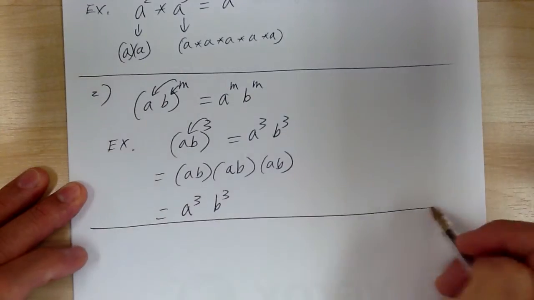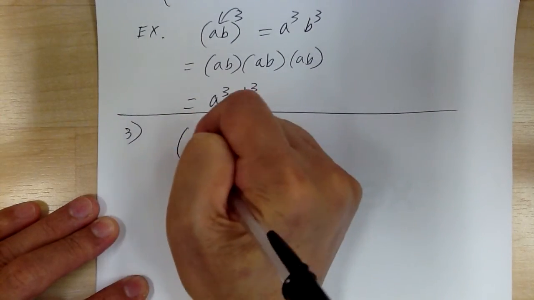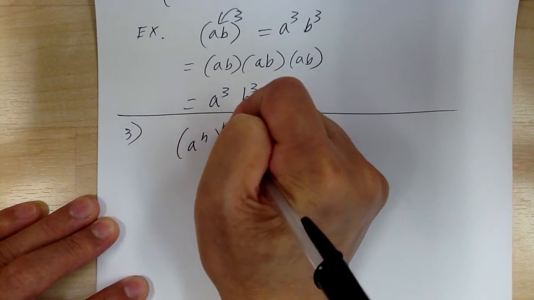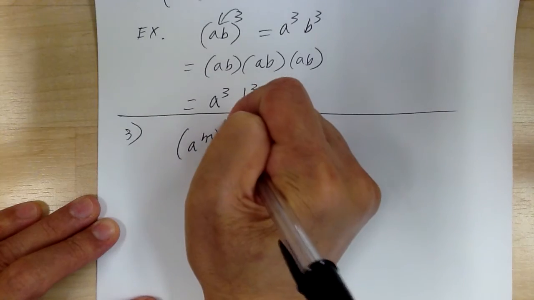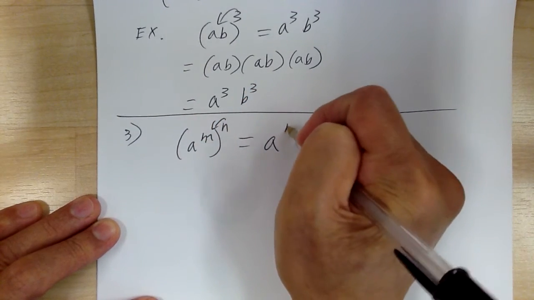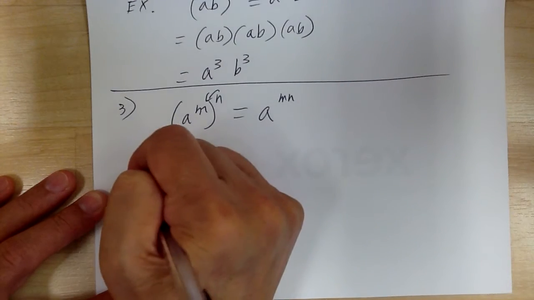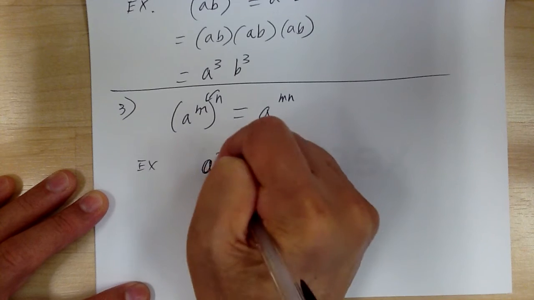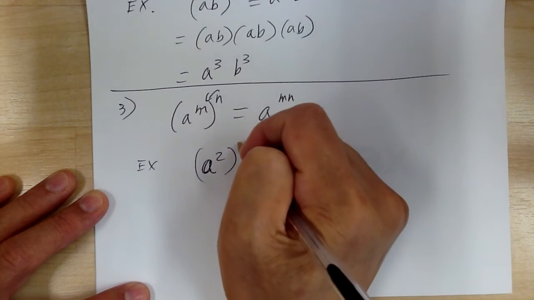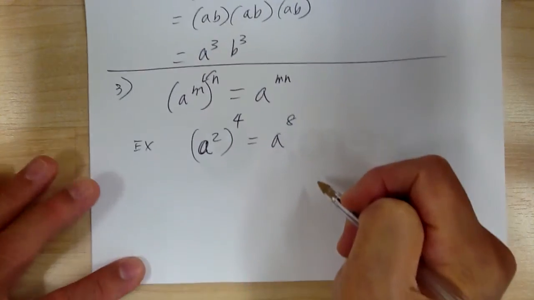Okay? Now let's go to the third law. You have a to the m, to the n. So this is equal to, again, you distribute, this becomes a to the m times n. Example, okay, if you have a squared to the 4th power, this will equal a to the 8.